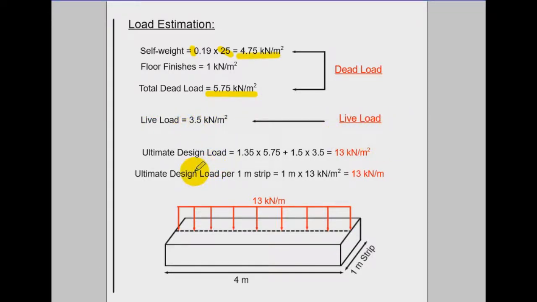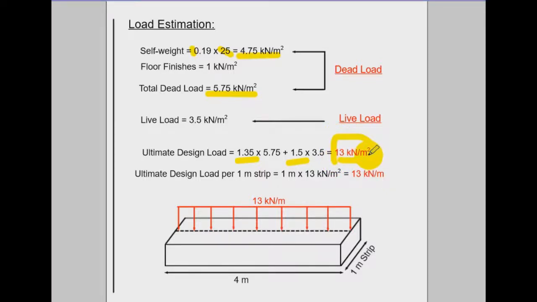Now, obviously, you need to work on and figure out the ultimate design load. In this case, as you can see, we have this factor, partial factor of safety. That's 1.35 for the dead load and 1.5 for the live load. You get this number. This is the ultimate design load.